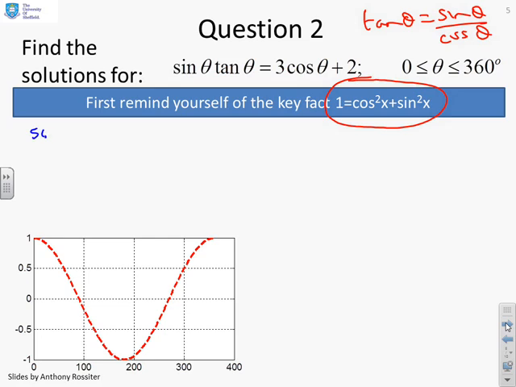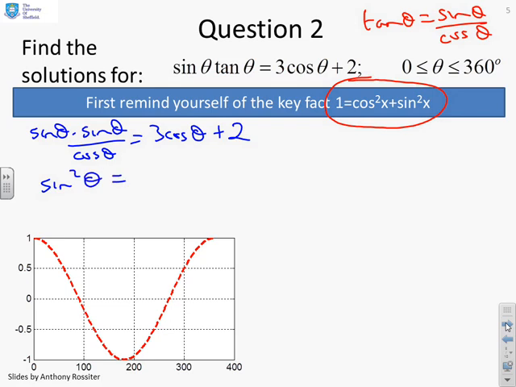So I've got sine theta times sine theta over cos theta equals 3 cos theta plus 2. And then I can multiply up both sides by cos theta. So I end up with sine squared theta equals 3 cos squared theta plus 2 cos theta.